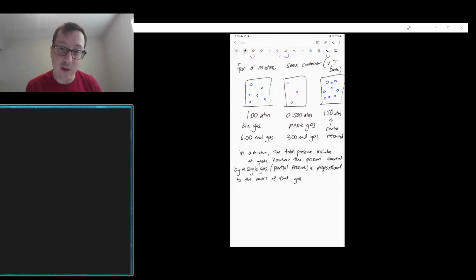And so therefore the partial pressure of the purple gas is 1/3 of the total pressure, or in this case 0.5 atm. And it's pretty easy to see, right? If we have 1 atmosphere of blue gas and half an atmosphere of purple gas, put those together, we now have 1.5 atmospheres of our mixture. But we can still talk about how each gas is contributing, because once we know the pressure of one gas, we can do all of these ideal gas calculations for it. And so we'll see how this works.